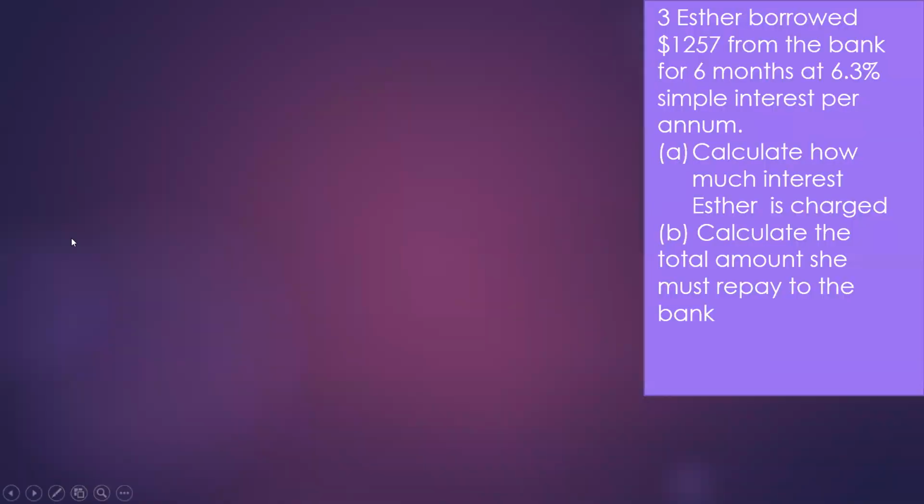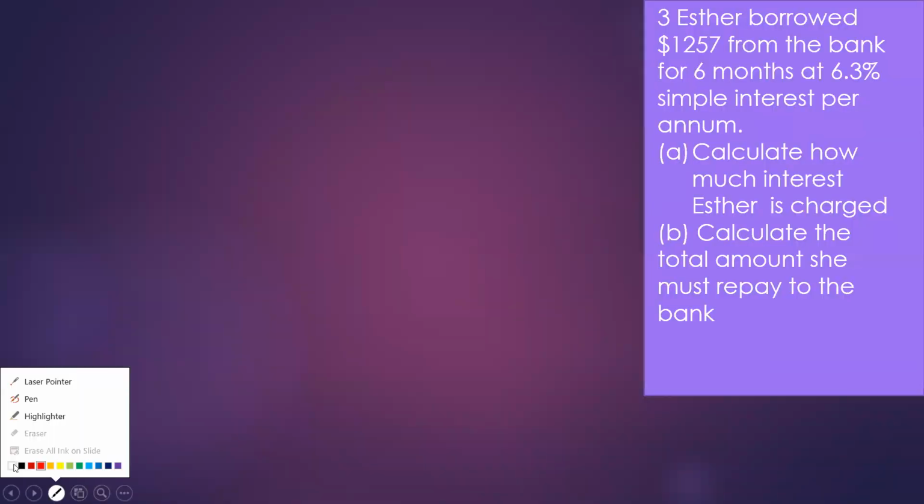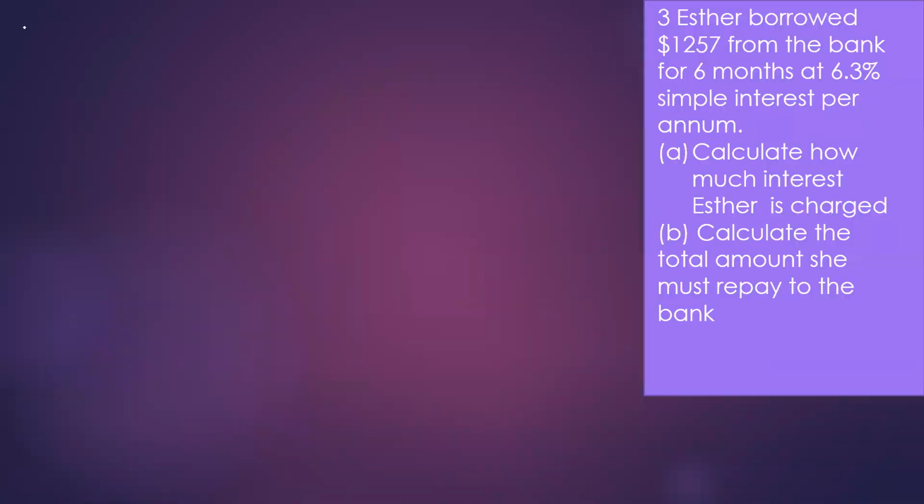So for number 3, I wasn't sure about this one, but... What is P? The P is 1,257. Good. That's the principal, right? That's the amount borrowed. R is 6.3. Very good. So the interest doesn't have to be a whole number, you know. It could be a decimal. So 6.3.